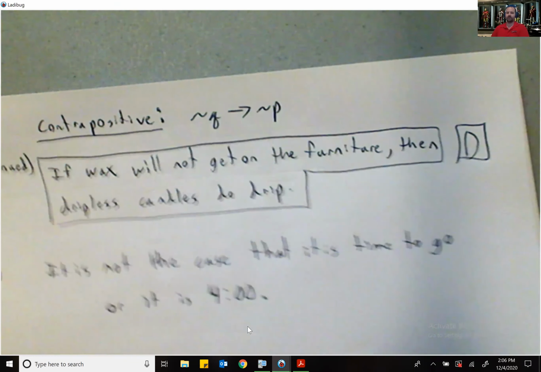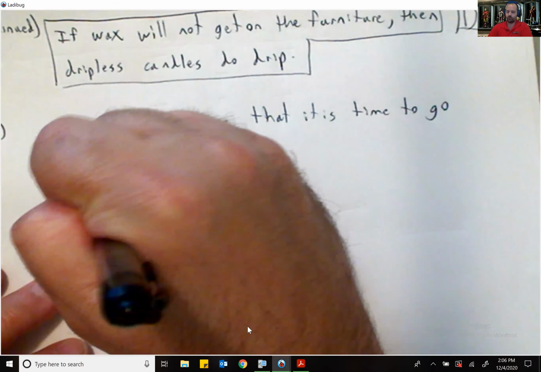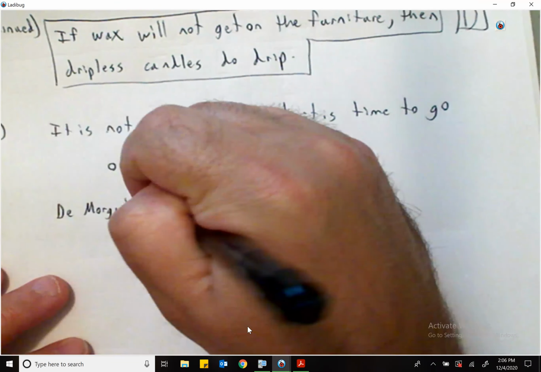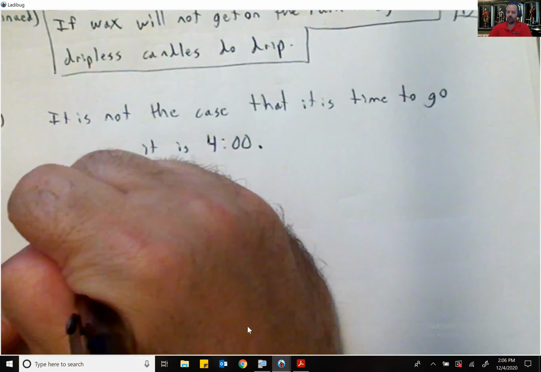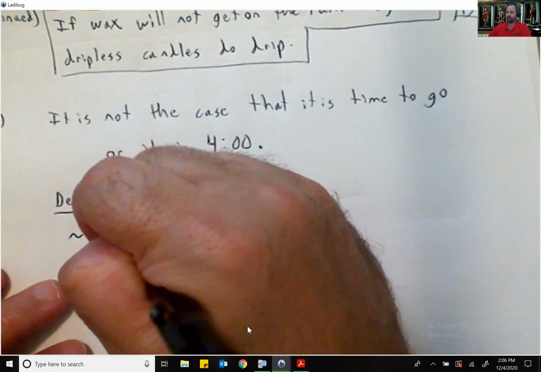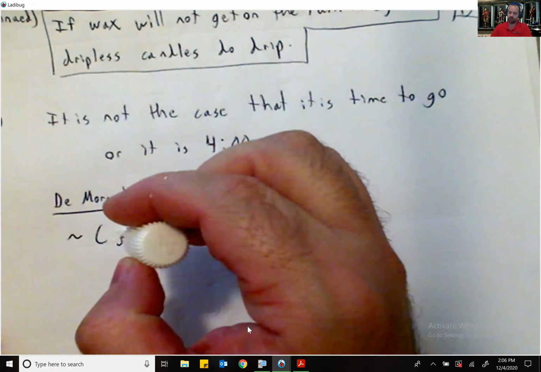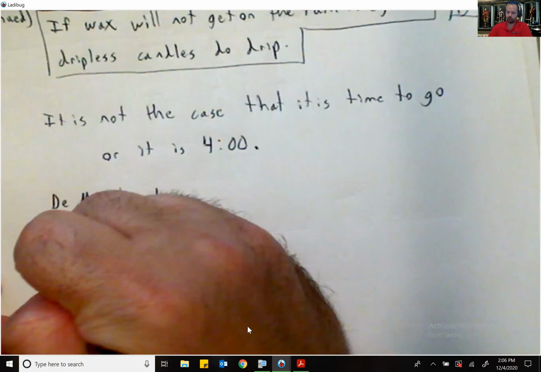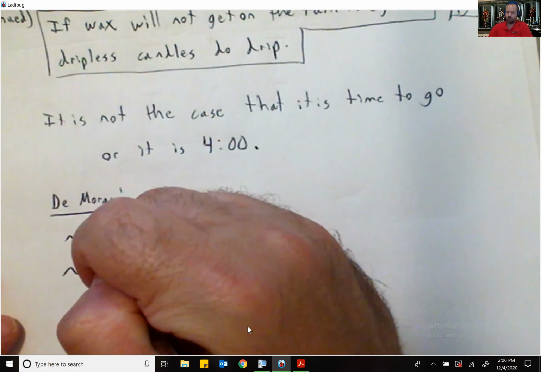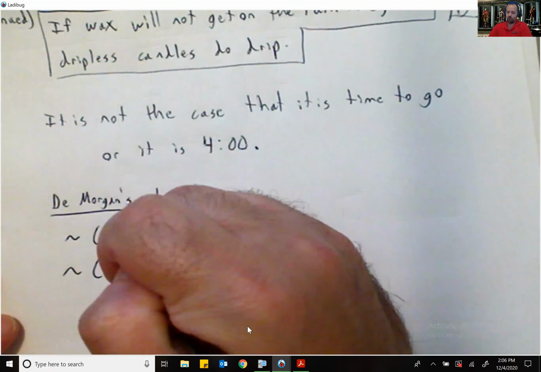So remember De Morgan's law, how we negated and/or statements. Let's make this P, the and, and this the or.